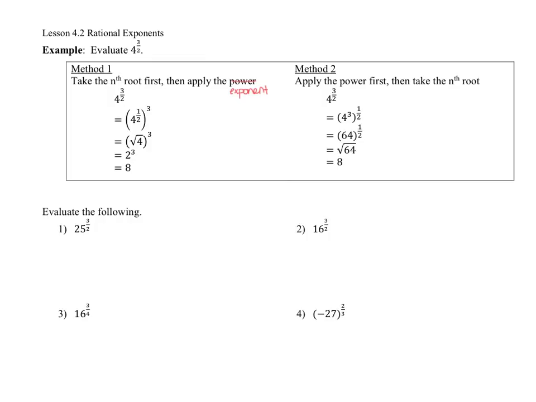Okay, so if I have 4 to the exponent of 3 over 2, then what I'm going to do is break this down into exponent half and then exponent 3. Okay, then 4 raised to the exponent of half is just square root of 4, and square root of 4 gives us 2, and then 2 cubed gives us 8.